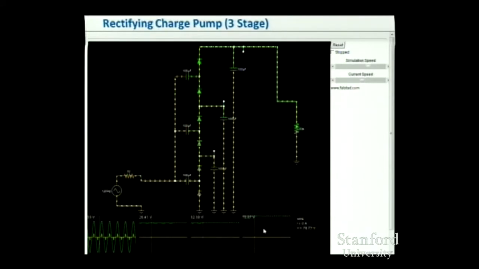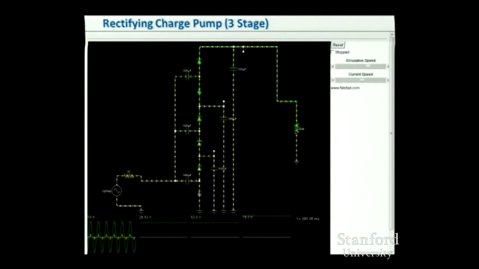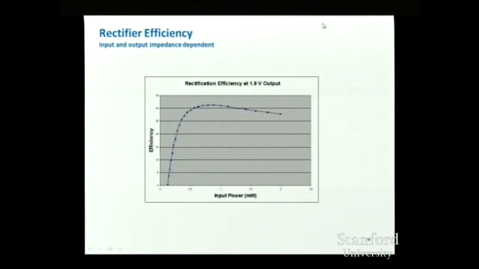So these component values obviously aren't specific to RFID, but this gives you the idea. The reason it's important to get some voltage gain is that even if we have sufficient power to do the job we want to do, if we don't have enough voltage, the microcontroller won't turn on at all. So often, range is constrained by voltage, and that's why we're interested in ways to boost voltage.